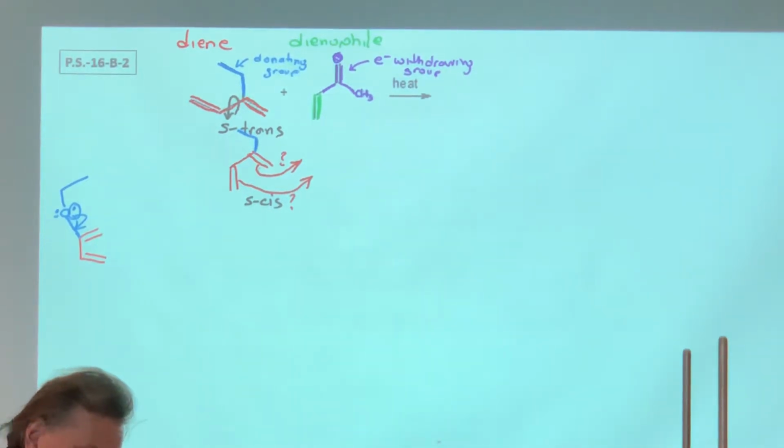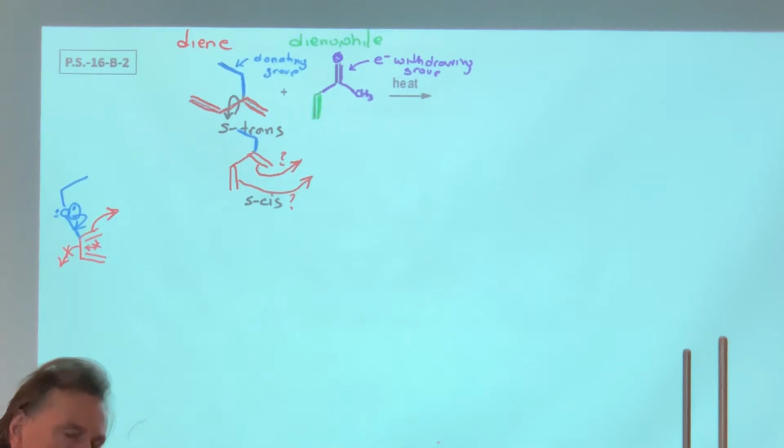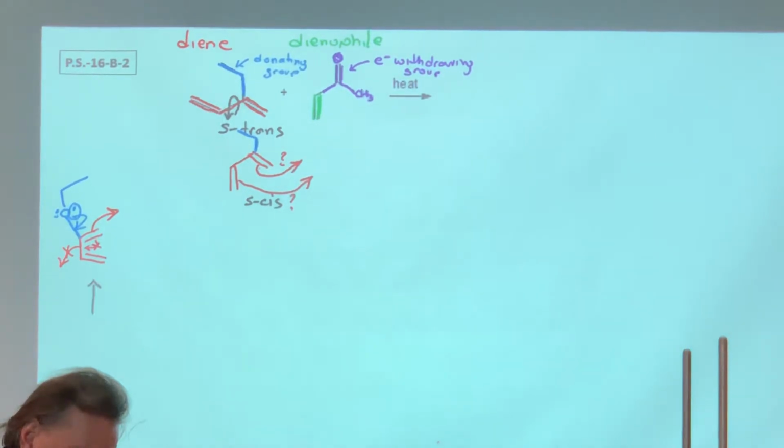And here's the issue. Can I do this? No? Okay, because you break the bond, right? Can I do this? No. Can I do this? That's the only thing I can do, right? Yes. Okay. So let's write the resonance structure.